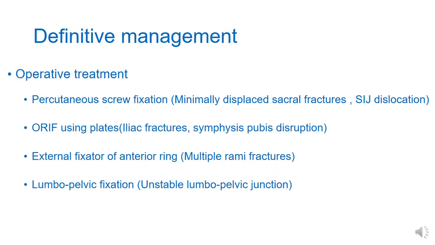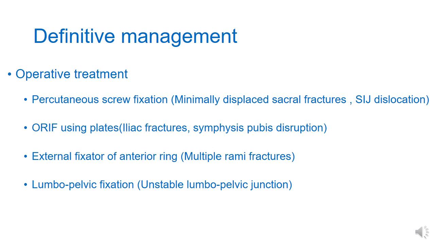Operative treatment could be either percutaneous screw fixation, if we don't need much reduction of the fracture or the dislocation. The classic example is minimally displaced sacral fractures or sacroiliac joint dislocation. Or formal open reduction and internal fixation using plates and screws, and this is classically indicated in iliac fractures and symphysis pubis disruption.